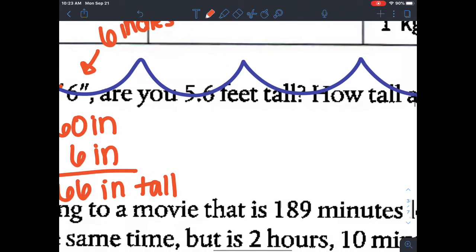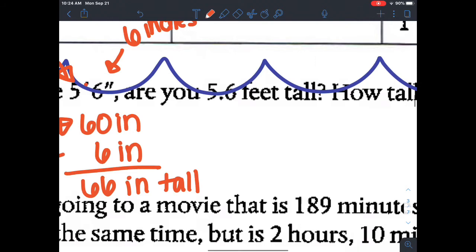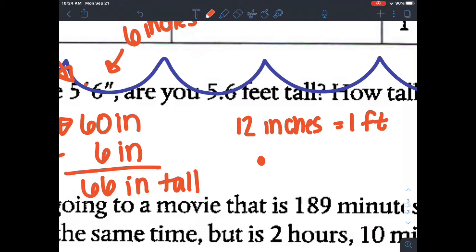So, no, actually, if 12 inches are in 1 foot, then 6 inches is in 0.5 feet. I just divided both of those in half.